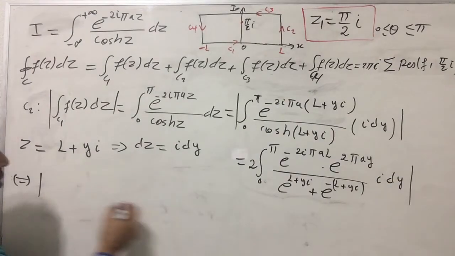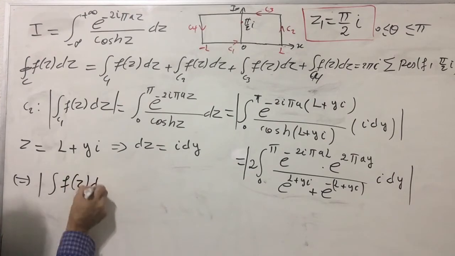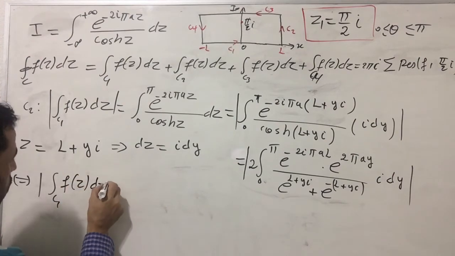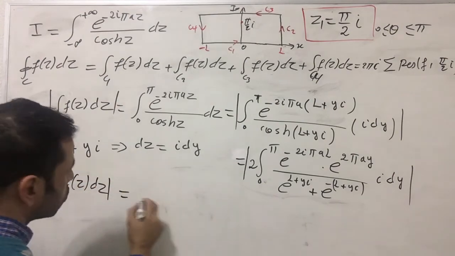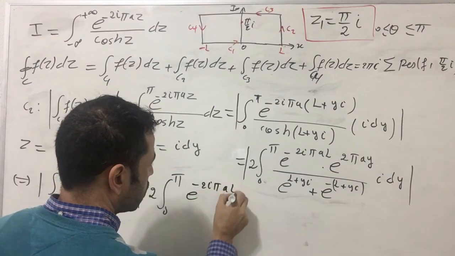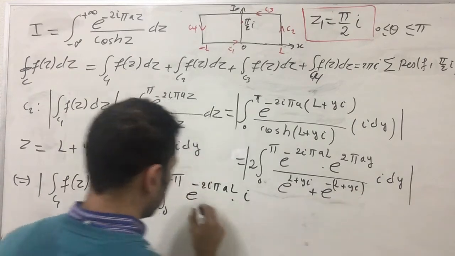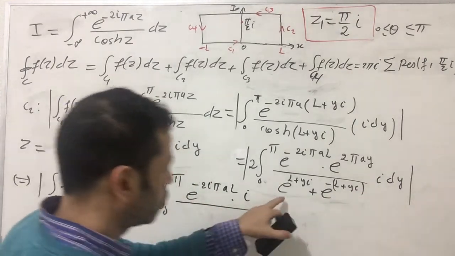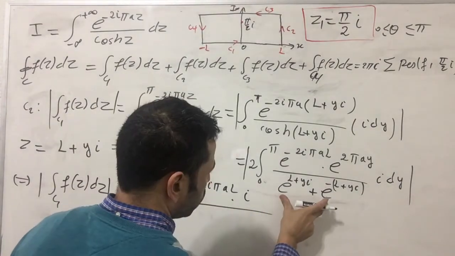Now this is equivalent to the integral of f of z dz over c1, equal to this e to minus 2i pi a r multiplied by this i over, what I'm going to do now, I'm going to simplify this one.